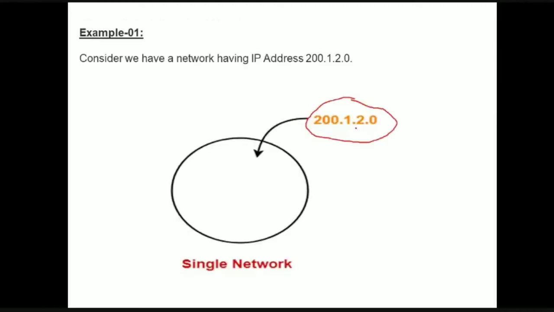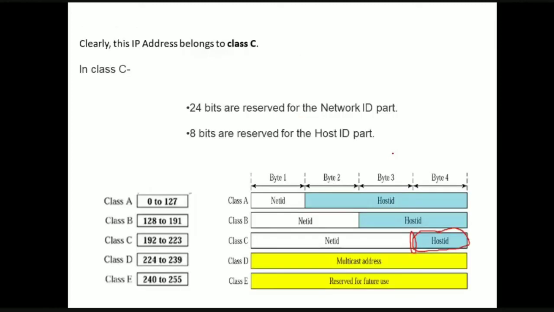We did not do any subnetting here. This part will be the network ID part, and this part will be the host ID part, because the first 3 bytes are the network ID and the last byte is the host ID, right?